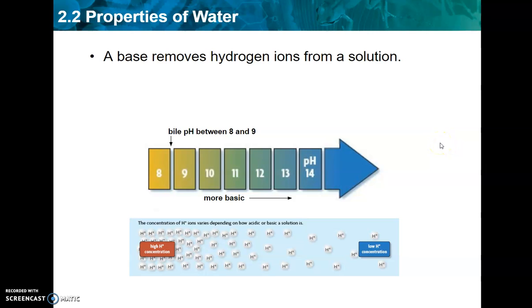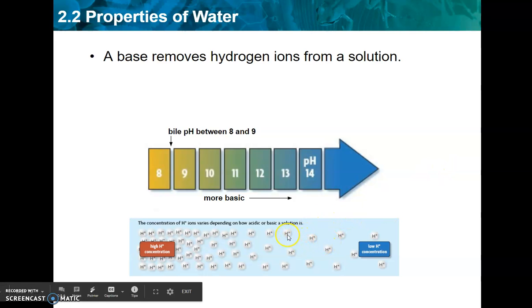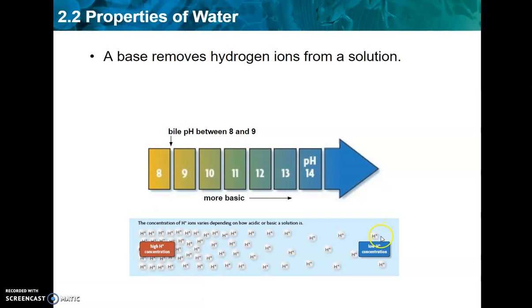A base, on the other hand, removes those hydrogen ions. So the bile pH in your stomach is between an 8 and a 9, and that helps neutralize the stomach acid that your stomach's producing to digest your food. So the number of hydrogen ions decreases. In its place, it's replaced by hydroxides, which is an OH.